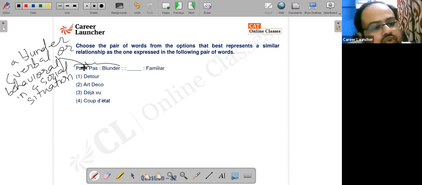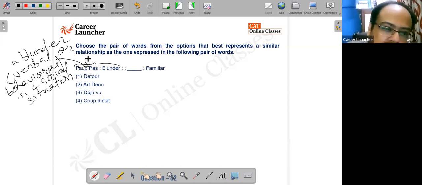So faux pas and blunder basically mean the same thing. It's a blunder maybe in terms of speech or behavior which is made in a social situation.